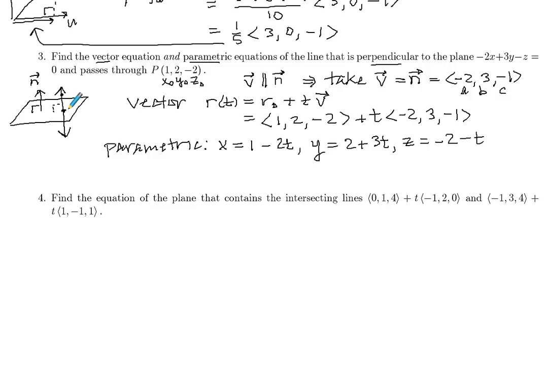If it was perpendicular to another line, then the dot product of those vectors has to equal 0. And here we had a line perpendicular to a plane. If the line was parallel to a plane, then if you took the normal vector and the direction vector of the line and dotted those, you would get 0.